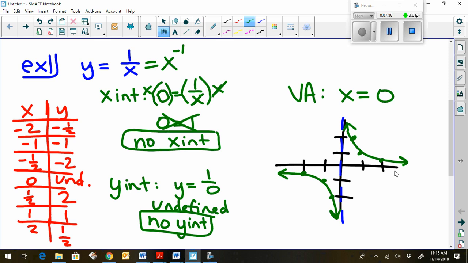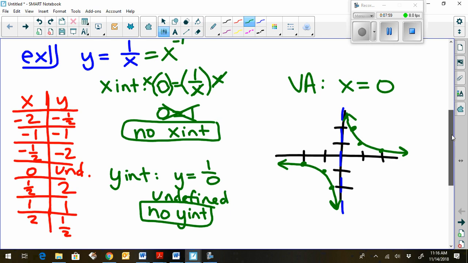And we notice that there will probably be another asymptote-like shape on the other axis, but we'll get to that on our next one. So this is why our asymptote is x equals 0, because we get an undefined value there. And we don't have any intercepts because we are not crossing those axes.